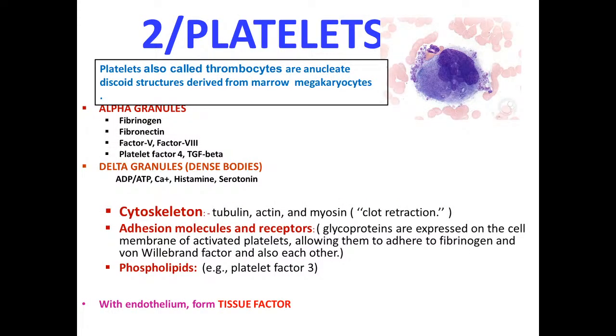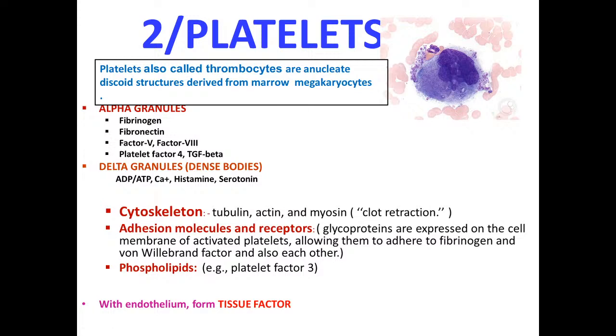Second, platelets. Platelets, also called thrombocytes, are enucleate discoid structures derived from marrow megakaryocytes. This is a megakaryocyte, and these are the very small platelets.